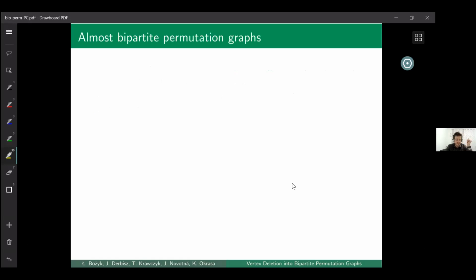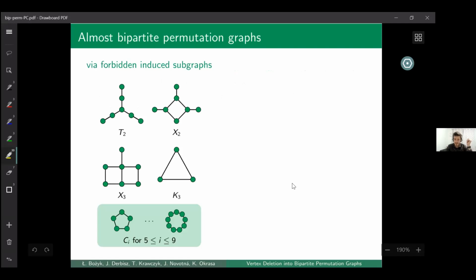So let me formally define what are almost bipartite permutation graphs for us now. These are almost bipartite permutation graphs, where this almost refers to getting rid only of small cycles, of small lengths. Okay, so I can see a question whether 4S is bipartite permutation.